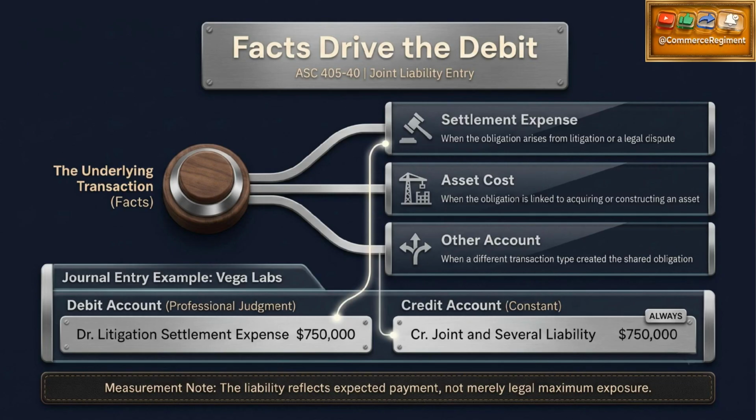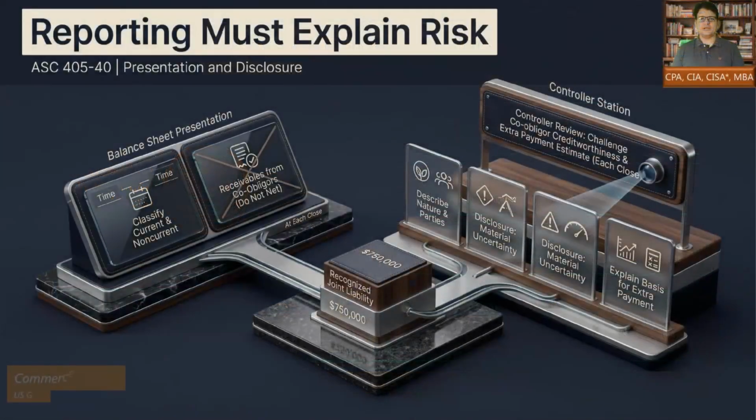If the obligation comes from litigation, it may be settlement expense. If it relates to acquiring or constructing an asset, it may be asset cost. If another transaction created the obligation, a different debit account may be appropriate. Facts drive the debit. After recognition, the reporting entity must handle presentation and disclosure.